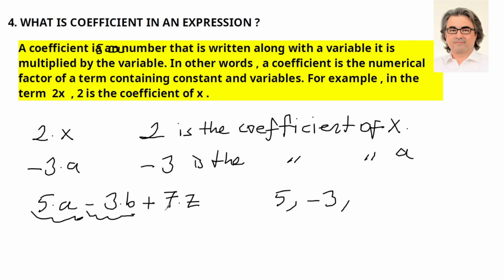And for the term 7 times z, 7 is the coefficient of z. The third coefficient of this algebraic expression is plus 7. That's all. Now we may continue with more examples on coefficients.